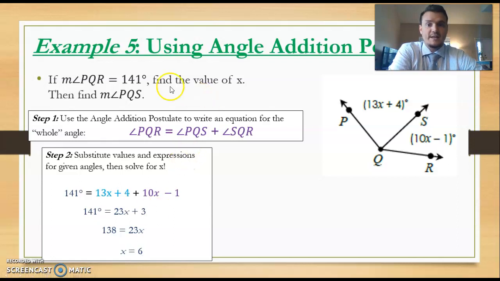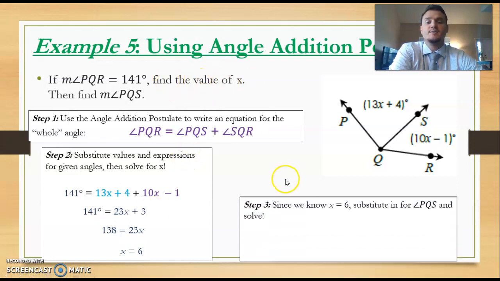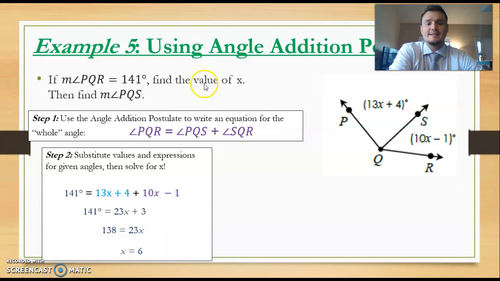All right, so that's what we have here. It said find the value of x. So we know x equals 6. Second part of this question, this is a lot like what you're going to have to do on the assignment and on the test. Now we need to figure out what PQS should be. We know that x equals 6. We know that PQS is represented by 13x plus 4.